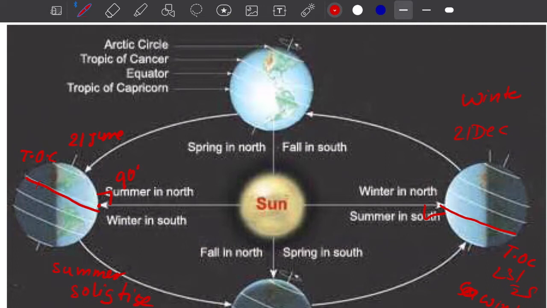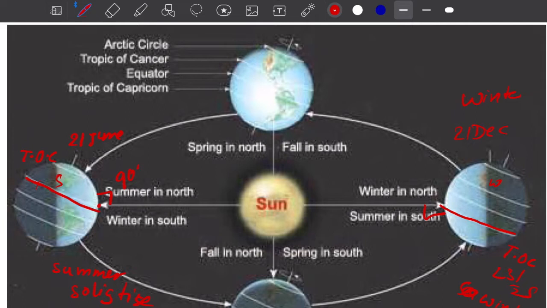Since most of the developed countries and most of the scientists who made this system are from the northern hemisphere, they are considering the seasons according to the northern hemisphere. So in the northern hemisphere we have winter, that's why winter solstice, and summer in the northern hemisphere is considered as summer solstice.